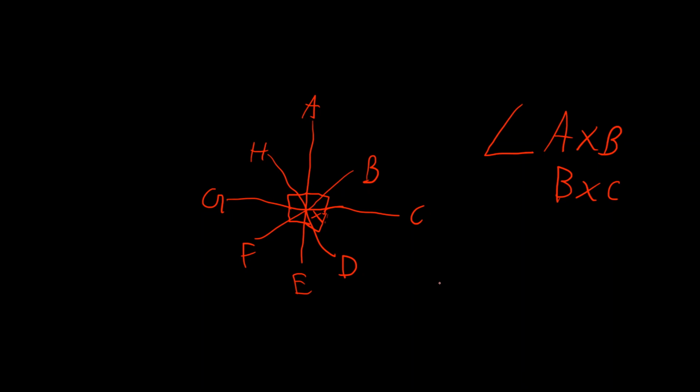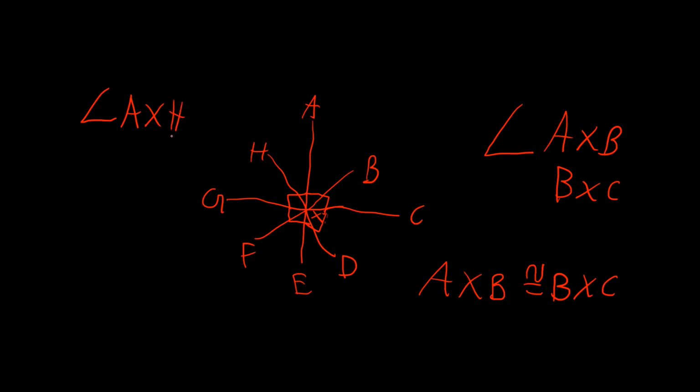You would write this as AXB is congruent to BXC. Now let's see another example. Let's find a congruent angle to AXH.